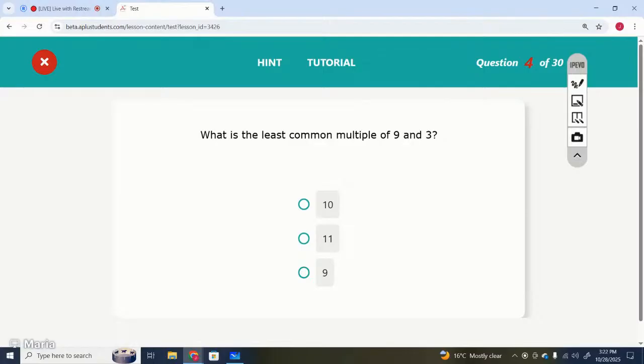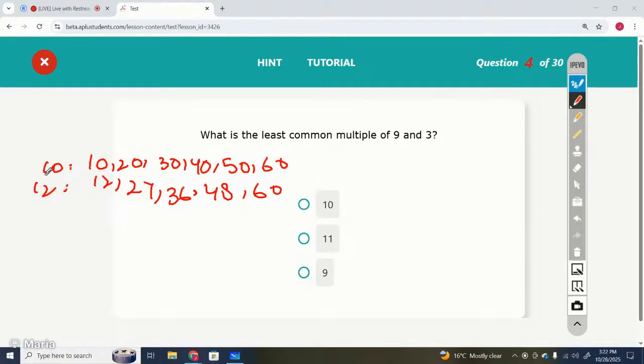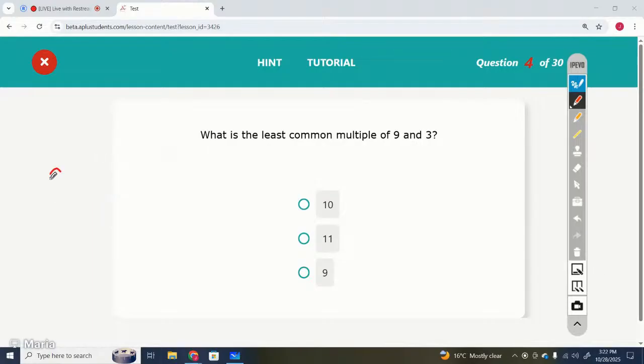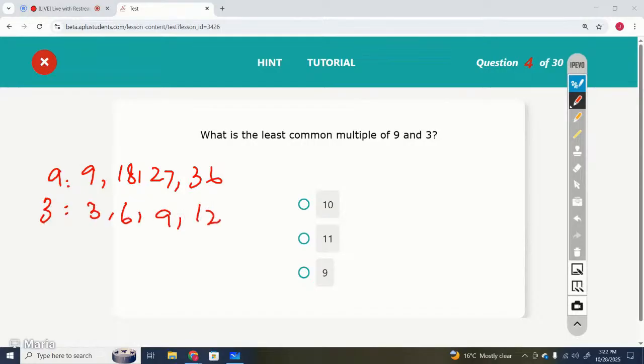What is the least common multiple of 9 and 3? Let's just write down the multiples of 9 and 3. 9 times 1 is 9, 2 is 18, 3 is 27, 4 is 36. Now let's write down the multiples of 3. 3 times 1 is 3, 2 is 6, 3 is 9, 4 is 12.